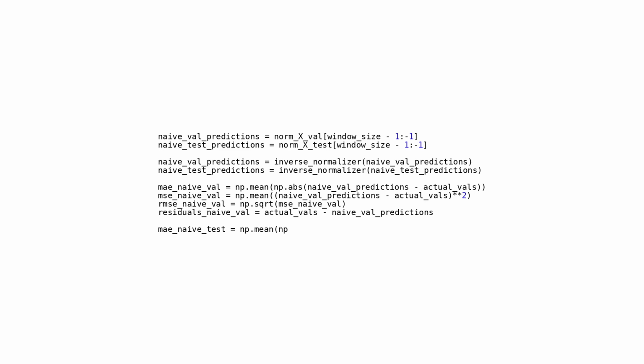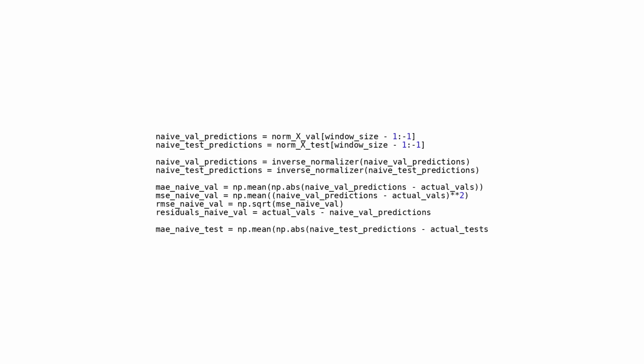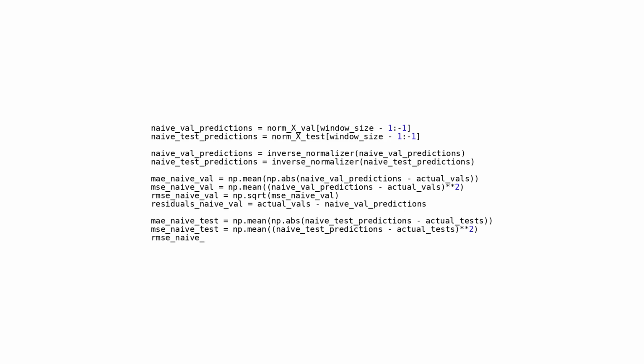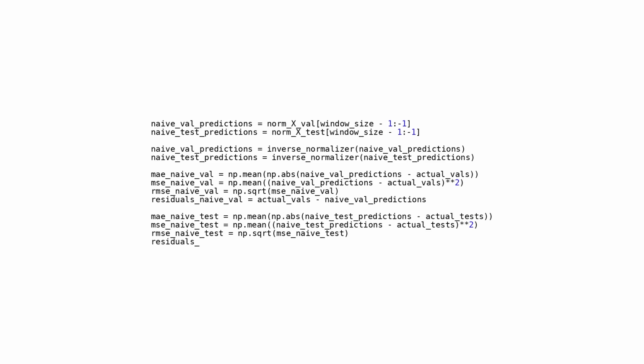Lower values for MAE, MSE, and RMSE indicate better performance, while analyzing residuals gives information on error distribution. In conclusion, this code snippet assists in evaluating the predictive quality of a simple naive model on time series data, enabling comparisons with more advanced models and enhancing understanding of the model's predictive capabilities.